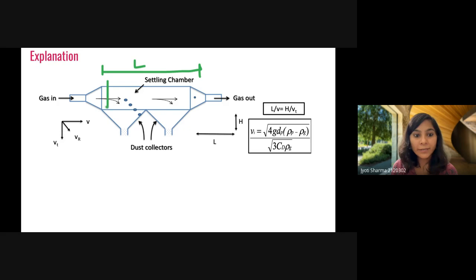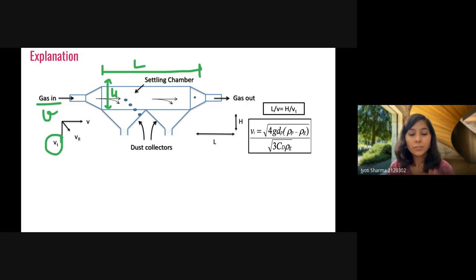And this is our vertical distance, so this is H. And then we have the velocity of gas, so this is your V. Then a new term that we have is the settling velocity, meaning how much velocity we have so that the particles can be settled.